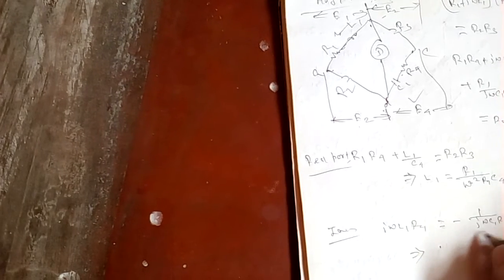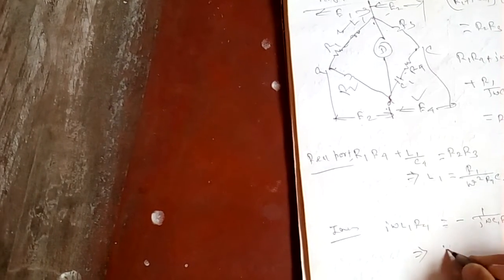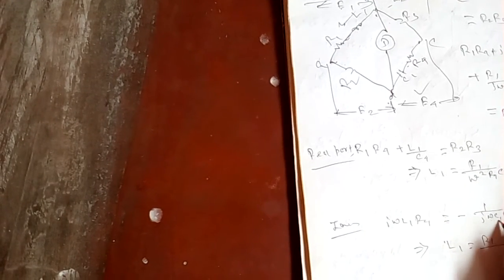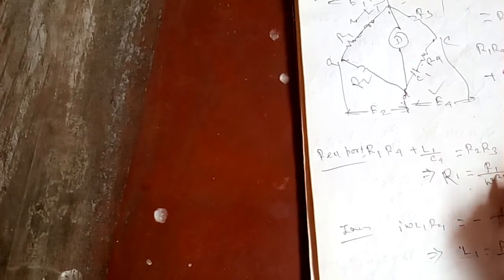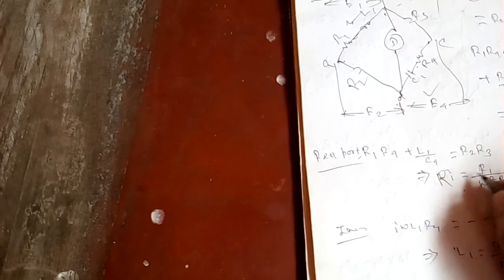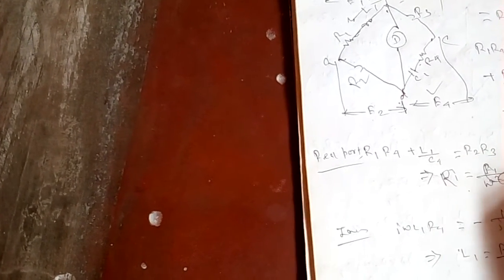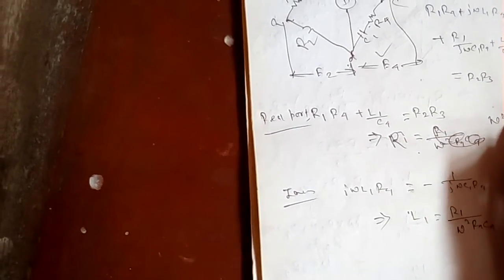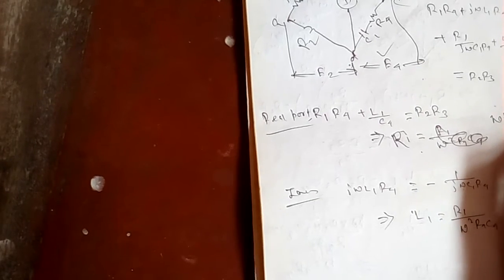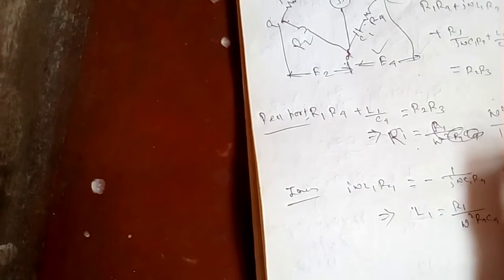L1 we get from jωL1 equal to R1 by ω²R4C4, and if we put the L1 value here we get R1 equal to ²R2R3R4C4² by 1 plus ω²C4²R4².